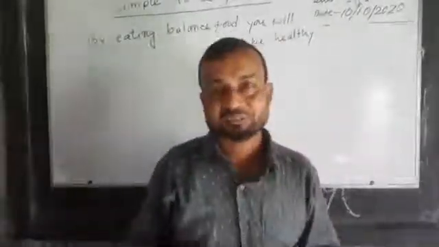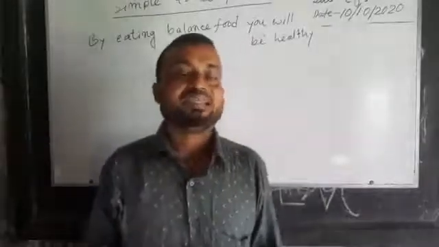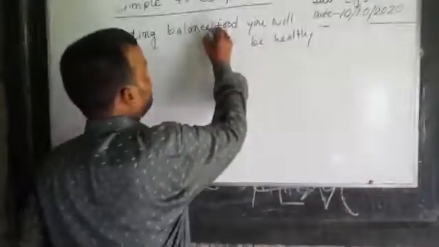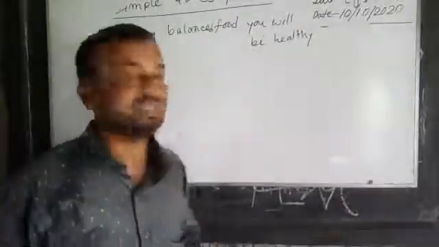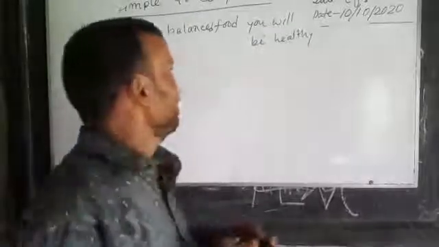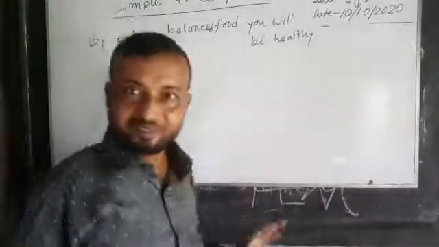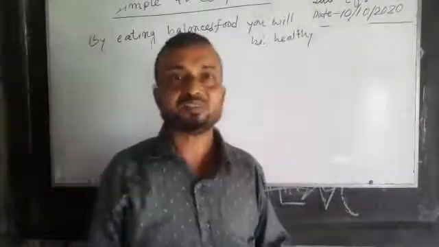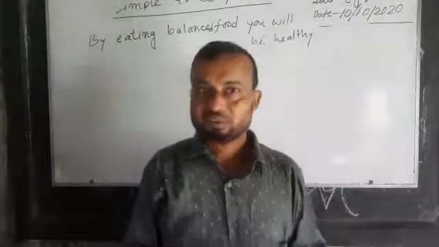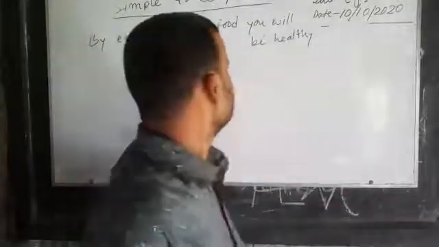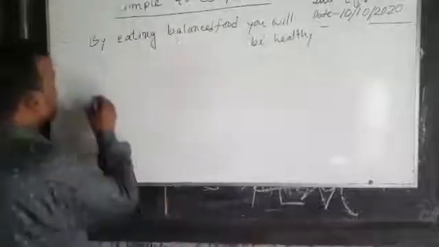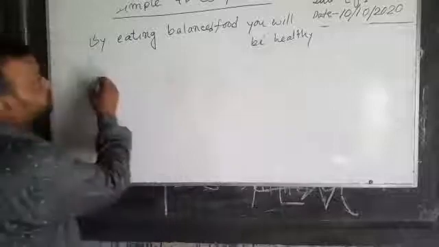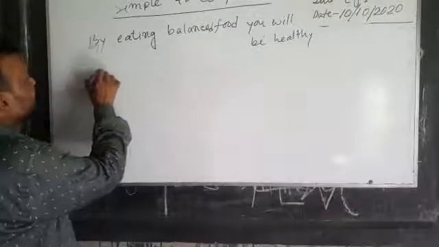My dear students, by eating balanced food, you will be healthy. This is the reality. If you eat balanced food, you will be healthy. If you don't eat balanced food, you won't be healthy. So now we have used compound sentences. At first, we have to use the subject first.